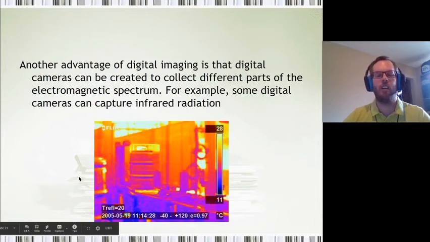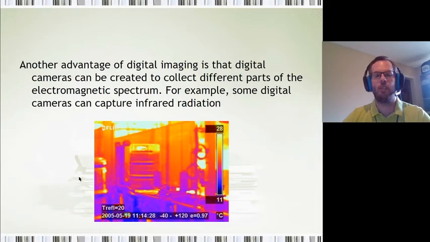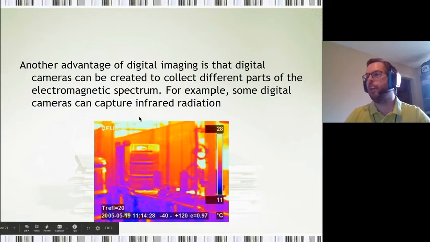So the cameras on, like, the Hubble Space Telescope, for example, can collect images from all ranges of the electromagnetic spectrum, including radio broadcasts, etc. And as you learn more about the electromagnetic spectrum, as you get into Physics 20, I believe, you'll understand that a little bit more. But yes, there's a wide range of electromagnetic spectrum. A lot of it is invisible to our eyes, and a thermogram is a great example of that.